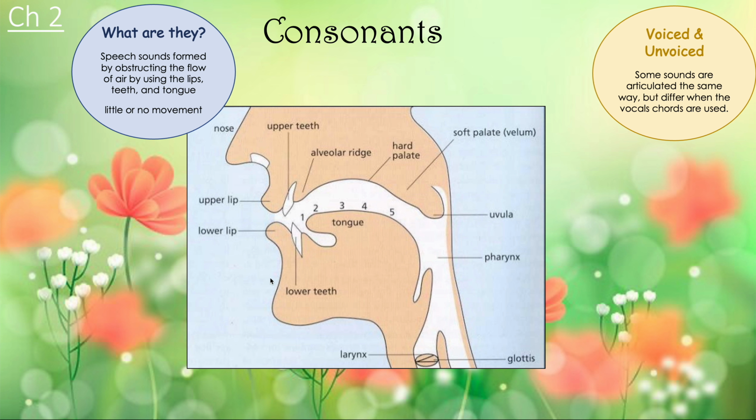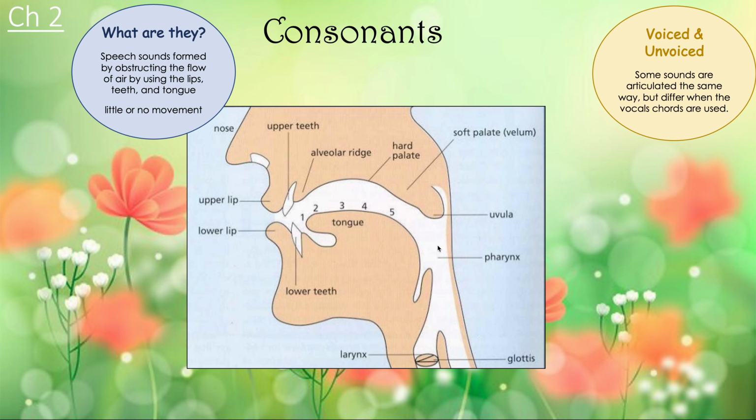So take a look at the mouth. We know if consonants are going to obstruct the airflow by using the tongue, the teeth, and the lips, then we're going to be looking at how our lips are being used. How are they connecting with what our tongue is doing? What are our teeth doing? And where is the sound being produced? Is it having to flow past the hard palate? Is it coming deep within the throat from the vocal cords?